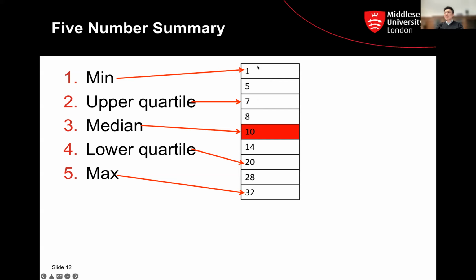So this will be the top part, and this will be the middle of the top part, and this is the bottom half, and this will be the bottom. So this will be the lower quantile. Okay, and also this is the minimum and this is the maximum, which we already covered before.